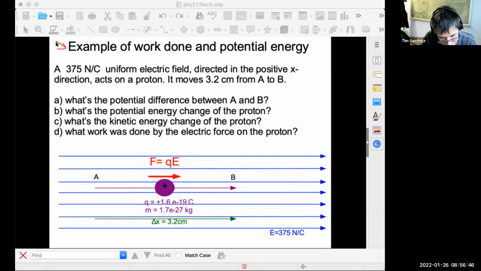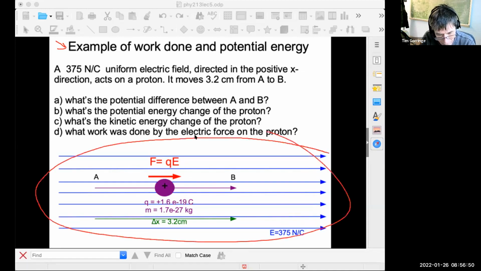And there's even a little picture down here of what's going on. This would be handy to refer to. In blue is the electrical field lines. It's from left to right. It's uniform. In magenta here is our little proton, its charge, its mass.